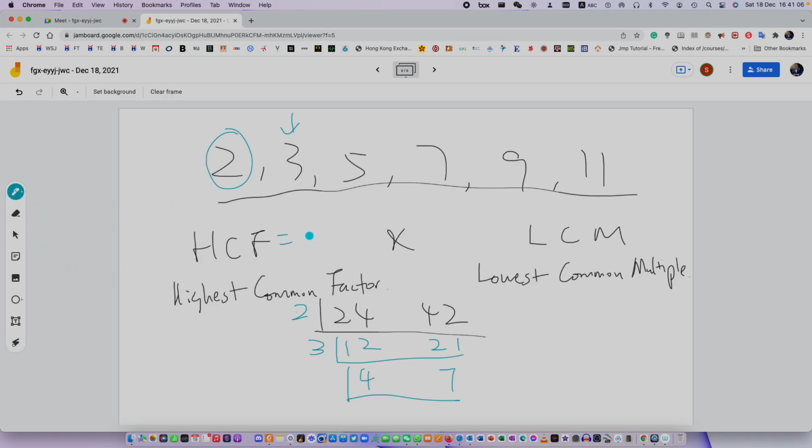So is it 2 plus 3, or 2 times 3, or 2 minus 3? So you times them together. Okay, good. So 2 times 3 is 6. Then how do you find the LCM?